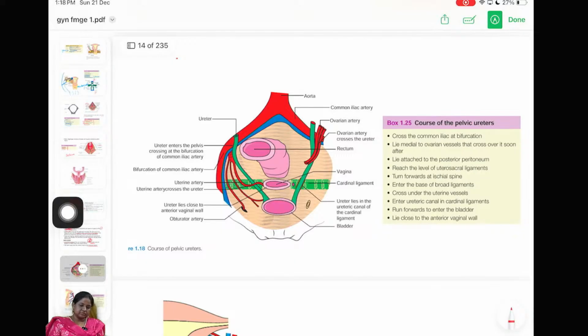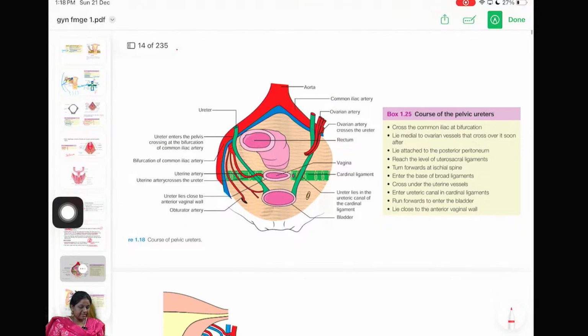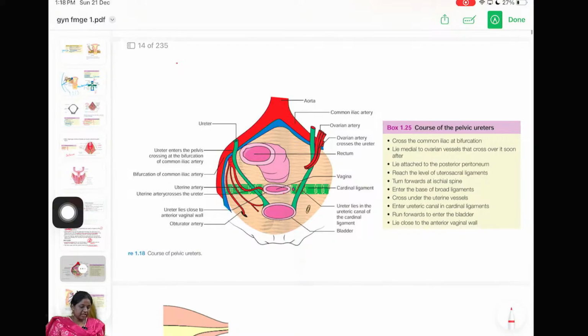Understood? So the next important structure in the pelvis is the ureter. The ureter is going to cross the major pelvic structures, that is arteries, and it is going to lie very close to the vagina and very close to the cervix, and then it will insert itself into the bladder.